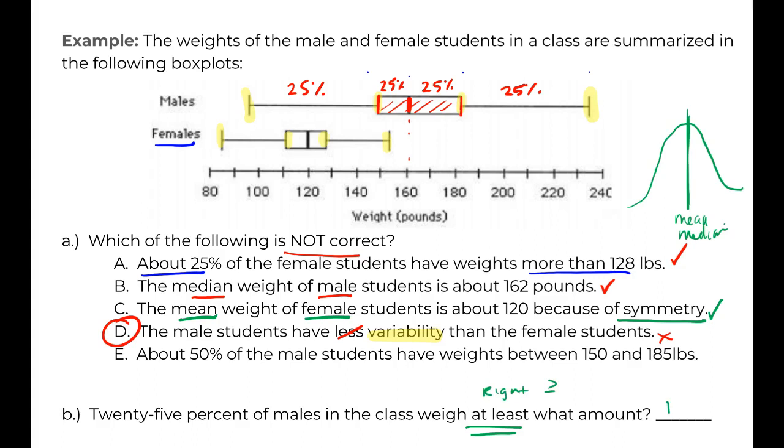So the correct answer here is 185-ish, because at least 185 is 185 and more. That's what you're looking for. So be careful about directional keywords on questions like B. At least, more than, means you want the 25% or the 75% or the 50% to be on the right, versus a less than or an at most would be on the left.